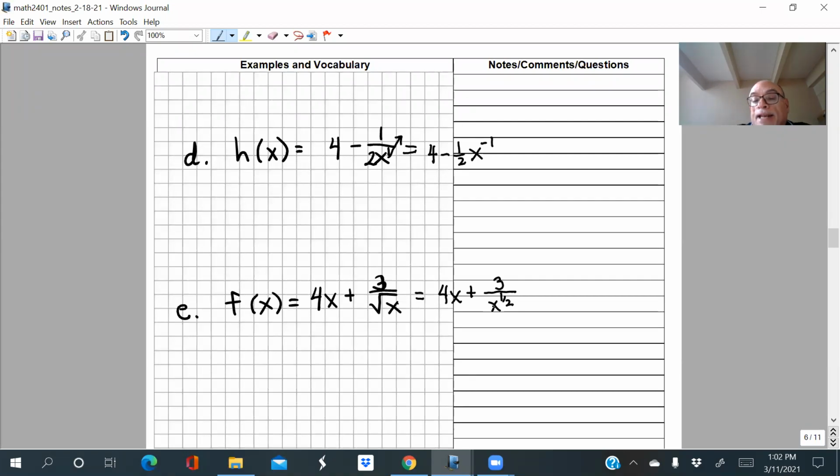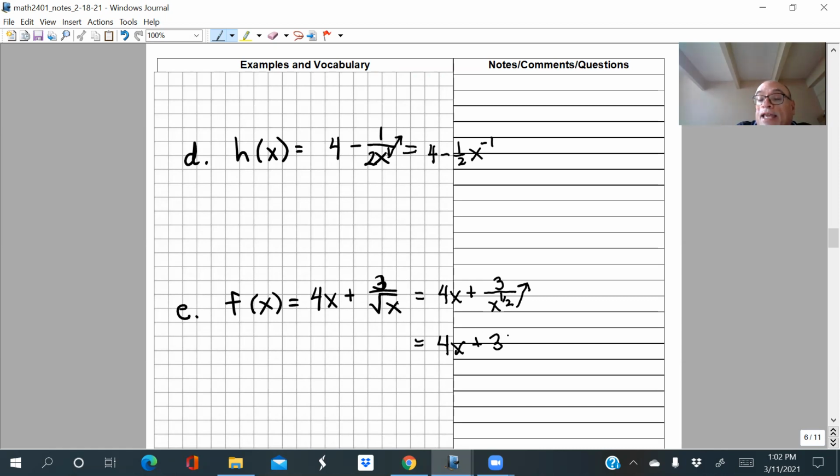But I still have x in the denominator here. So I want to pull that up. How do I do that? We just did it here. What do you do? Yeah, change the sign of the exponent. So don't do anything with the 3.